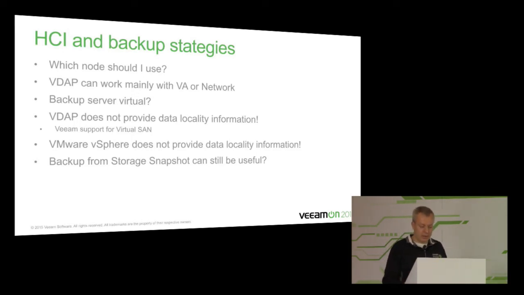For example, Veeam has direct support for Virtual SAN from VMware, and if Veeam is taking a backup from Virtual SAN, it can choose the right node where replicated data reside, and in this way you can grab all your data from the best possible nodes. Backup from storage snapshot can still be useful? In this case, no. In this case, you can use different strategies.